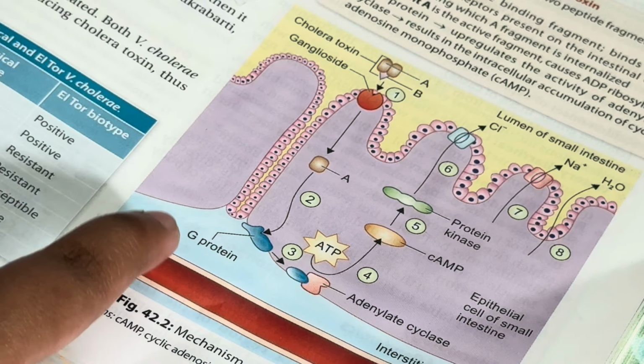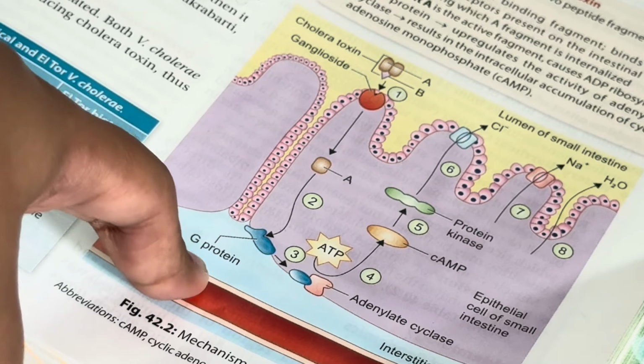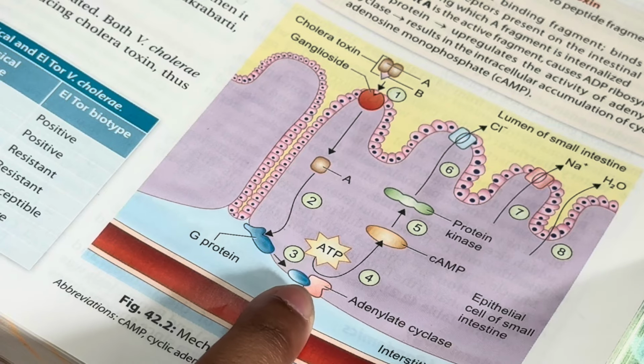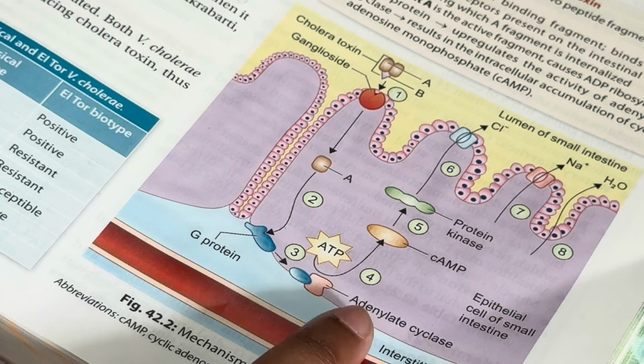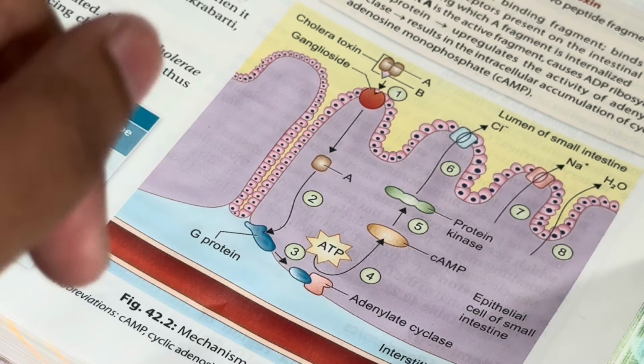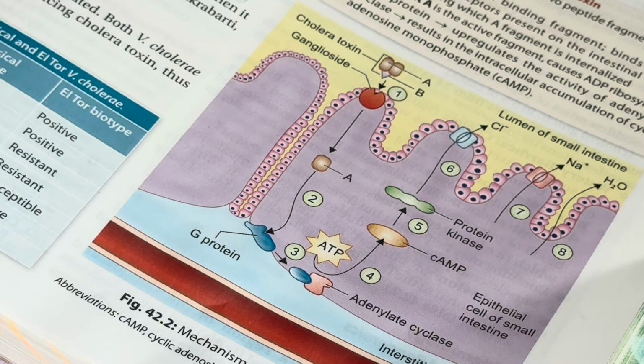What it does is that it binds to and activates G protein. There is going to be utilization of ATP and adenylate cyclase will be increased. When adenylate cyclase is increased, cAMP is also increased.